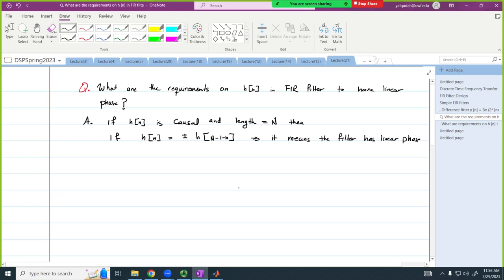And therefore, we need to have symmetry about N minus 1 divided by 2.